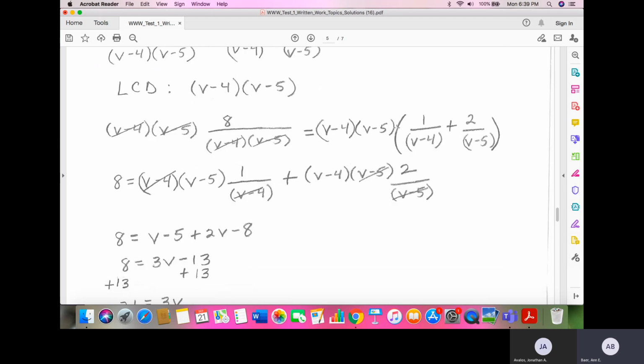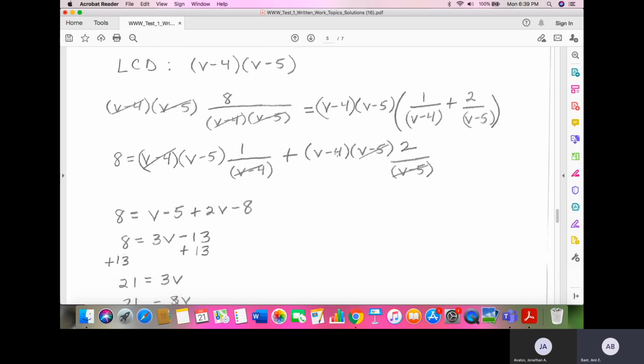Now on this side, we've really got an understood multiplication sign there. Multiplication over addition, we distribute. So v minus 4 times v minus 5 times this first term, 1 over v minus 4, plus this copied down, times this term, 2 over v minus 5.